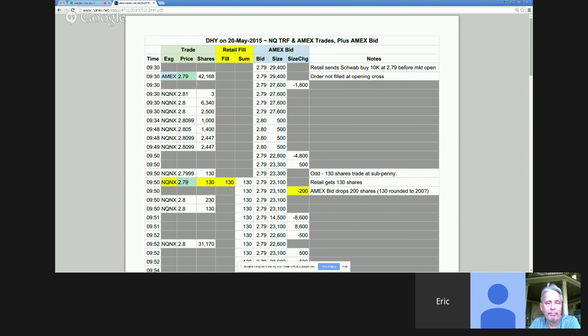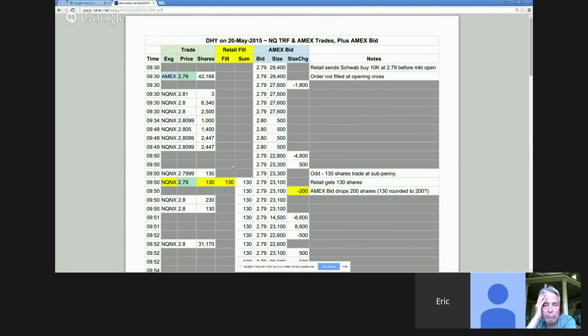All right, so here we go. 9:30 in the morning, market opens up, and he sees that 42,168 shares trade at the price that he wanted, $2.79. He didn't get any of them. And he watches and he sees other prints coming through. So this is many minutes later, actually 20 minutes later, he gets a fill from his retail broker for 130 shares.